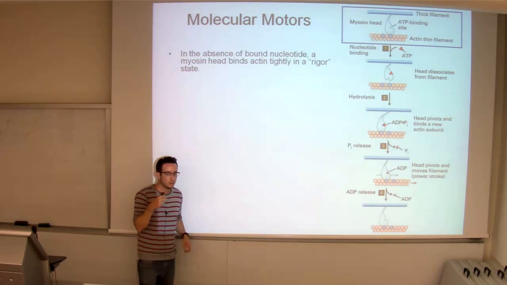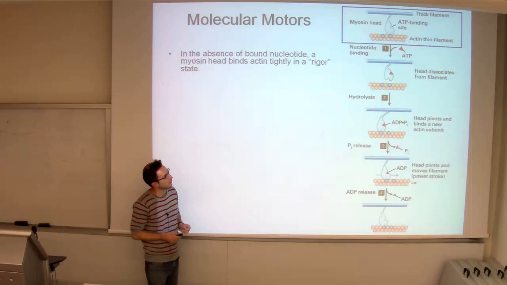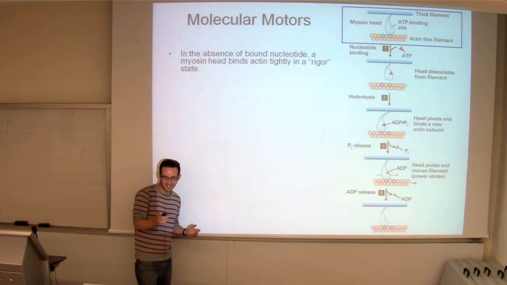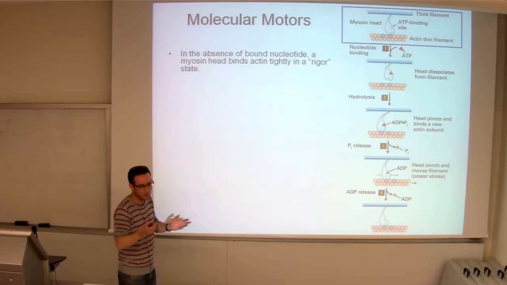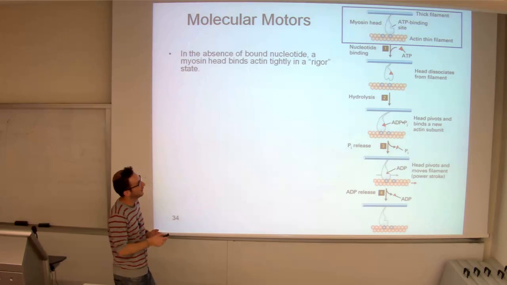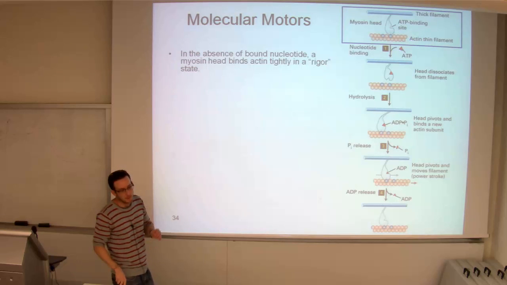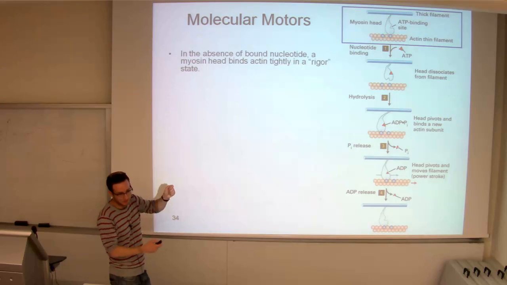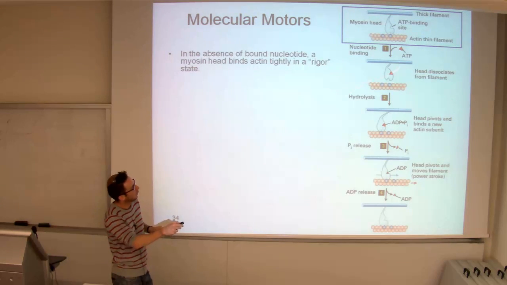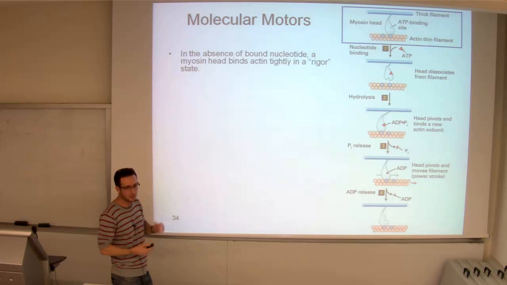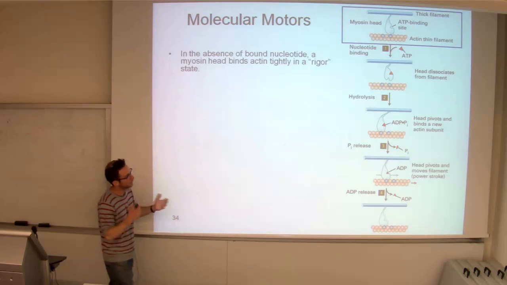When you die, the ATP is not produced anymore. So the muscles become stiff precisely because in the lack of ATP, these myosins bind tightly to the actin. And maybe one molecule is not that big a deal to dissociate, but a million such molecules, and it's quite hard to oppose this force.